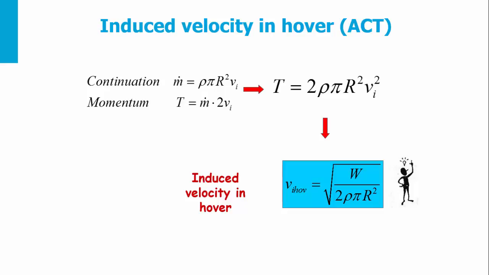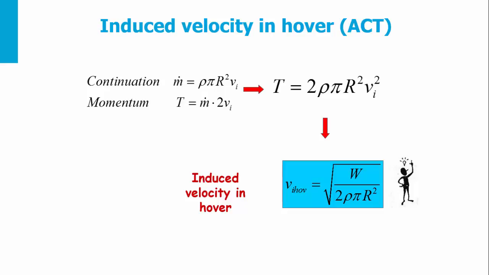And therefore, the induced velocity in hover can be easily calculated as the square root of the weight divided by 2 rho pi R squared. Therefore, if we know the weight of a helicopter and the radius of the rotor, we can have an idea about the induced velocity at the level of the rotor in hover.